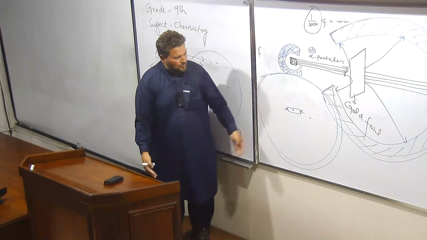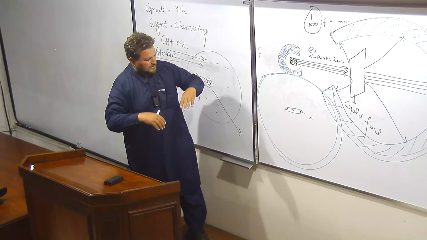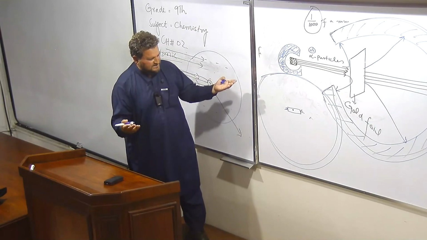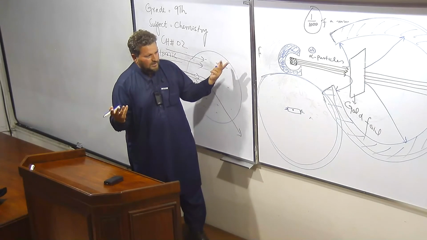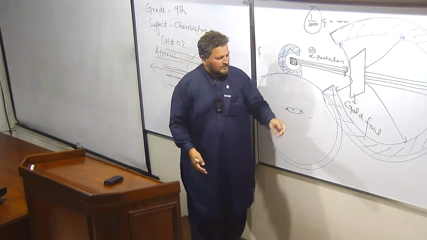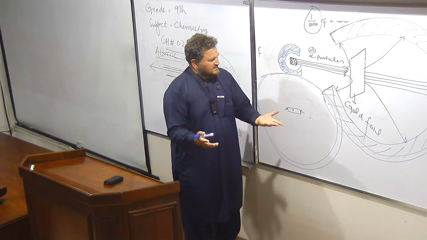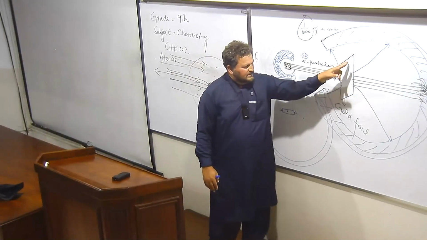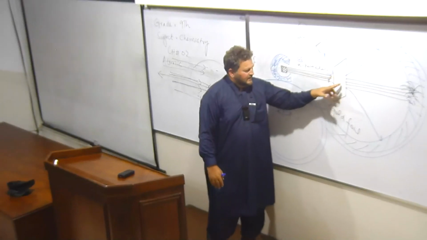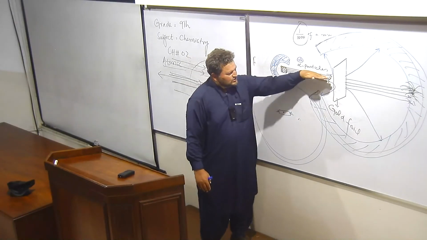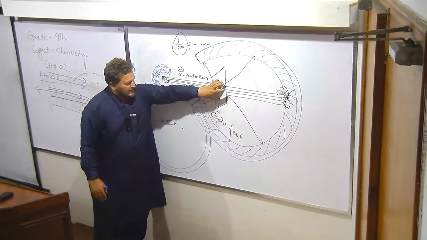So this was the Rutherford model, and he made his conclusions or points, and this is called the Rutherford model, and this is the experiment. Let me repeat it in a few words. Rutherford took a very thin gold foil. He allowed the alpha particle to strike over this thin gold foil.